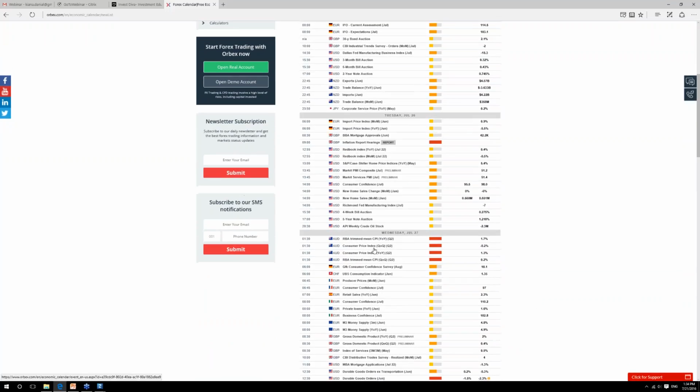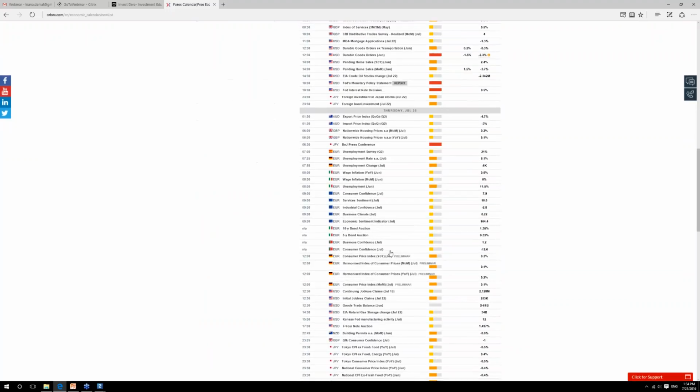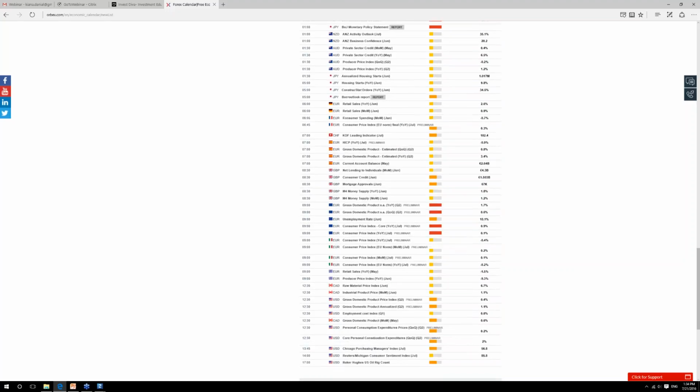Over here, we have the Consumer Price Index. There's CPI, inflation, coming up next Wednesday, so it's a week from now. That is when we're going to expect some volatility for Aussie dollar, for Australian dollar, right?